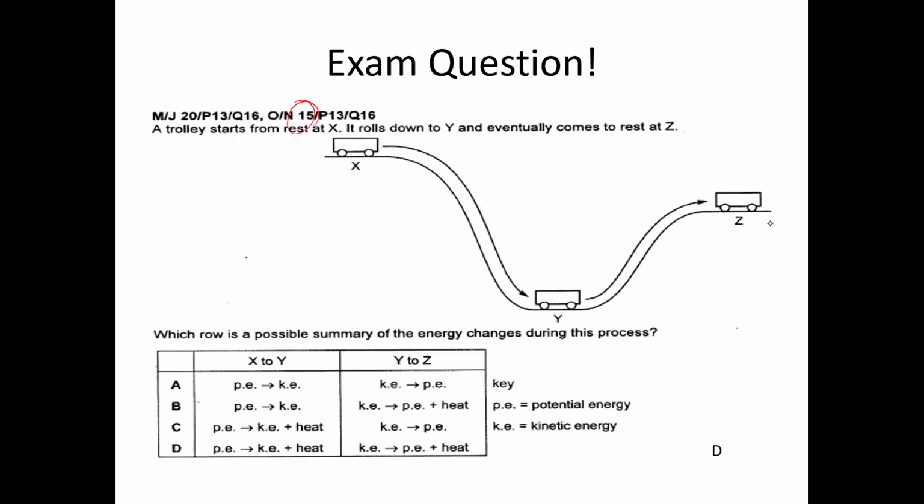So from X to Y, potential energy changes to kinetic energy plus heat, and from Y to Z, kinetic energy changes to potential energy plus heat. The correct answer in this regard is going to be D.